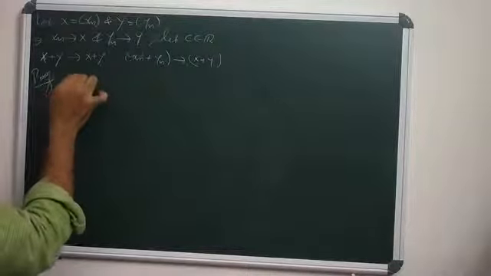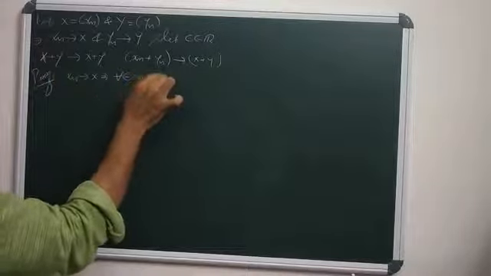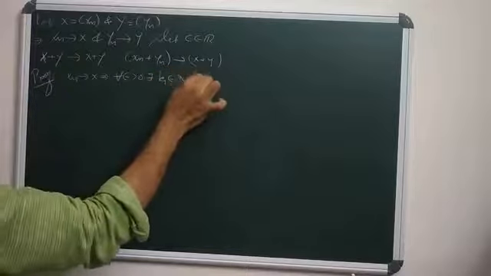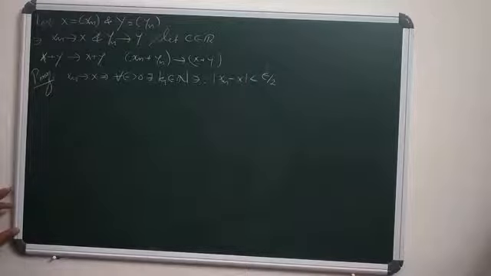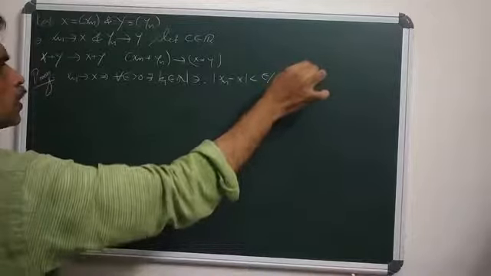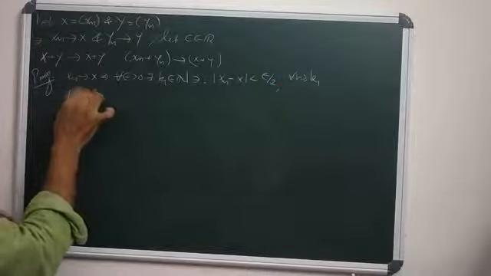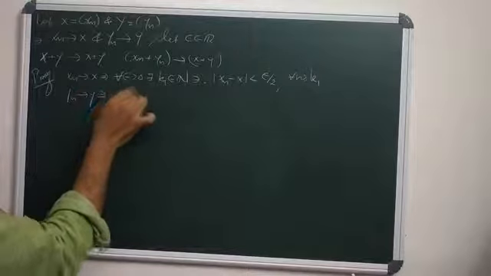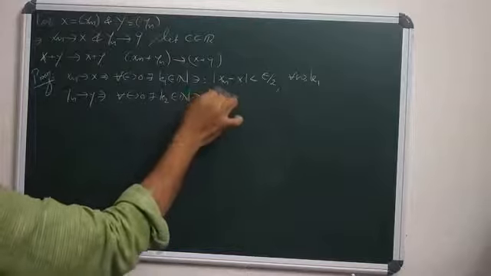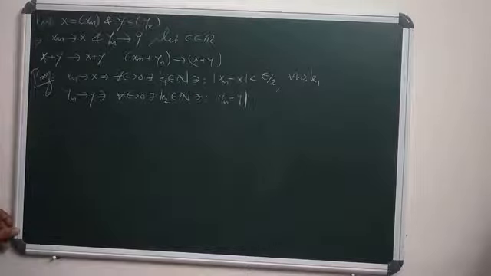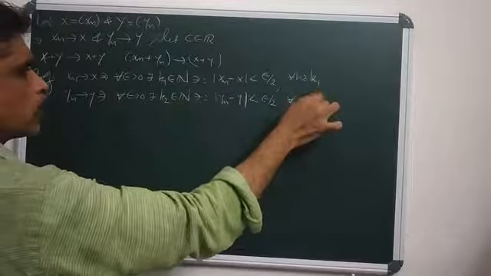Here x_n converges to x means for all epsilon positive, there exists some k1 in N such that modulus of x_n minus x is less than epsilon by 2 for all n greater than or equal to k1. y_n converges to y means for all epsilon positive, there exists k2 in N such that modulus of y_n minus y is strictly less than epsilon by 2 for all n greater than or equal to k2.